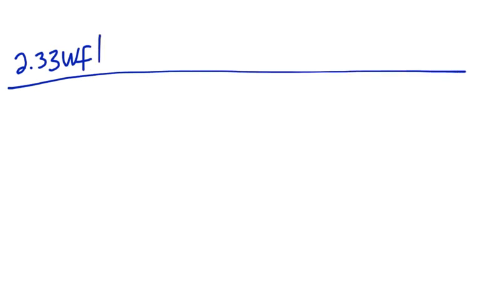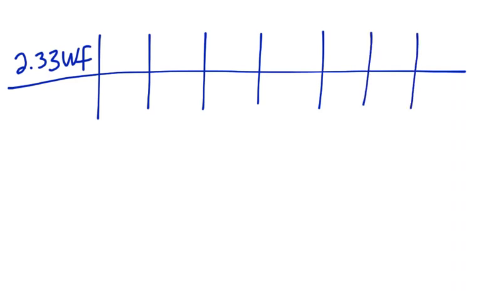So I'm going to have a lot of conversion spots here that we'll put stuff in. Okay, and the first thing it said was that 1.71 warp factors was equal to 5 times the speed of light.